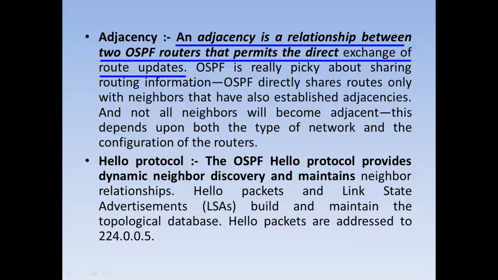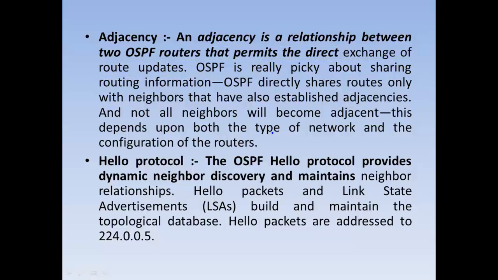First it maintains the neighborship, the adjacency, then it starts sharing the routing information. OSPF is very picky about sharing routing information. It shares routes directly only with neighbors that also establish the adjacency. Not all neighbors will become adjacent. This depends on the type of network and configuration of the router.